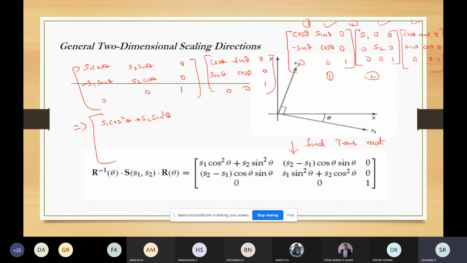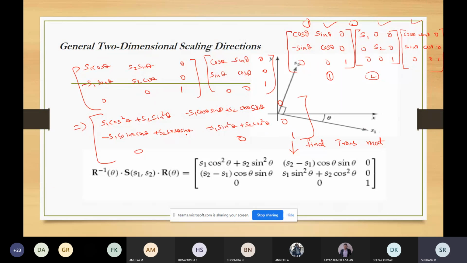Again, minus s1 cos theta sin theta plus s2 cos theta sin theta. Again 0. Then minus s1 sin theta cos theta plus s2 cos theta sin theta, and minus s1 sin square theta plus s2 cos square theta. Again 0 0 0 1.